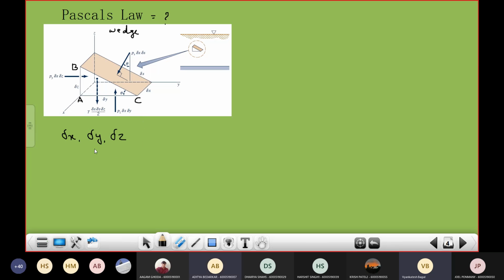5. Now see, the forces which are acting on the fluid element are of two types under this condition. So first is the pressure force normal to the surfaces.